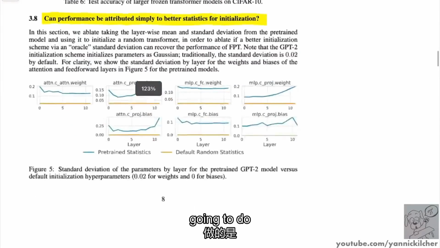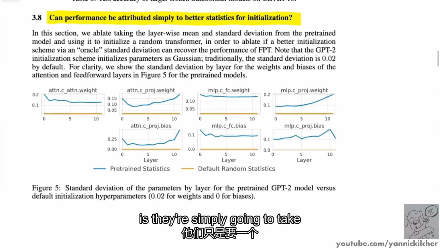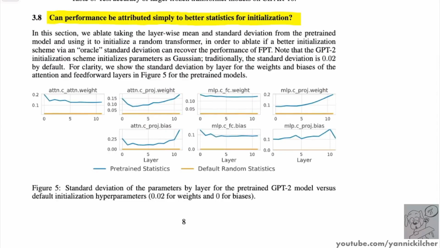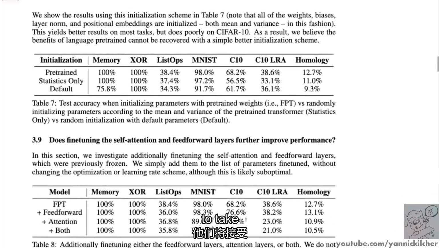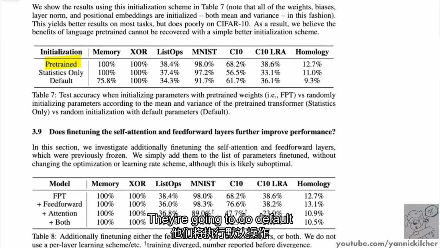So what they're going to do is they're simply going to take a fully trained transformer, which they call an oracle, and then they're going to compute the mean and the standard deviation, so the Gaussian from those, and then they're going to initialize this new transformer. So they're going to take the pre-trained, which they have. They're going to do default, which is the randomly initialized one. We've already seen those as well.